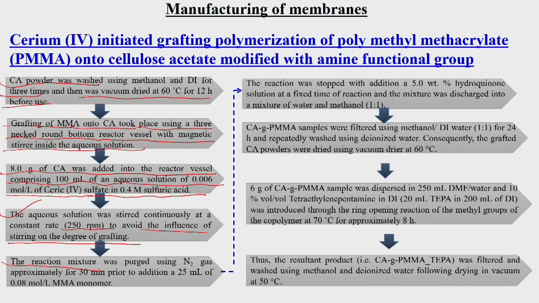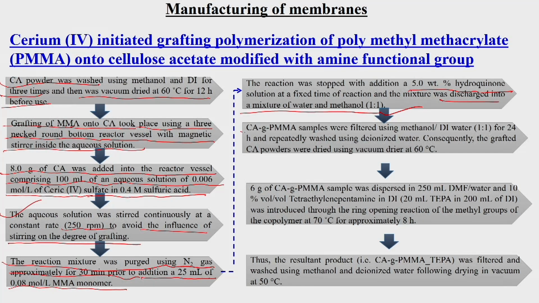Then the reaction mixture is purged with nitrogen gas for approximately 30 minutes prior to the addition of 25 ml of 0.08 mole per liter MMA monomer. Then the reaction is stopped with the addition of 5 weight% hydroquinone solution at a fixed reaction time, and the mixture is discharged into a mixture of water and methanol of 1:1 volume to volume.